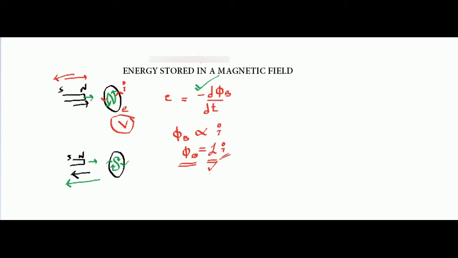Now consider a wire whose value of L is large. Then to generate a particular current, the amount of flux that will be required is huge.